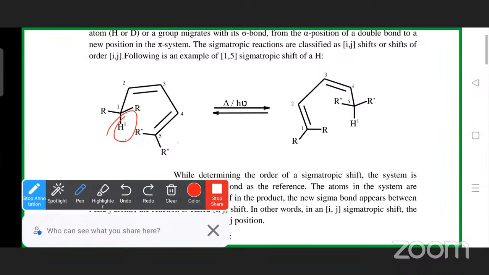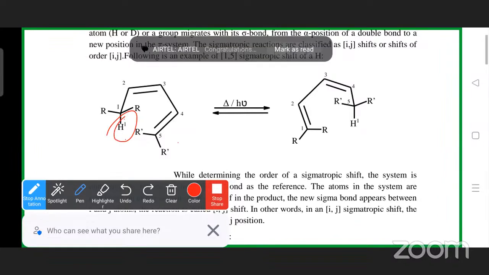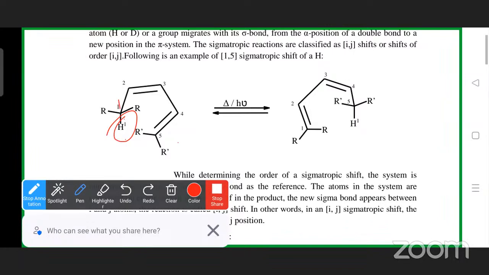Previously the H1 is attached on the C1 carbon, and in the product you can observe it is on the C5 carbon. So this H1 hydrogen is migrated. This shifts here, this shifts here, and then this comes out here. It is migrated through the pi electronic system.